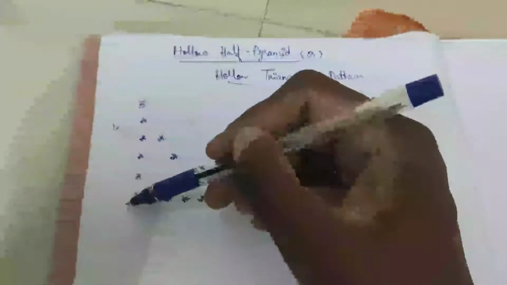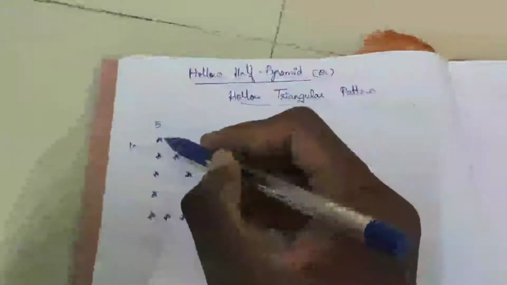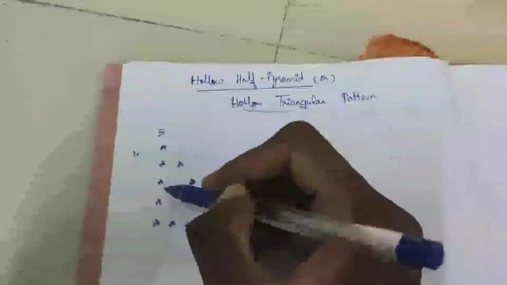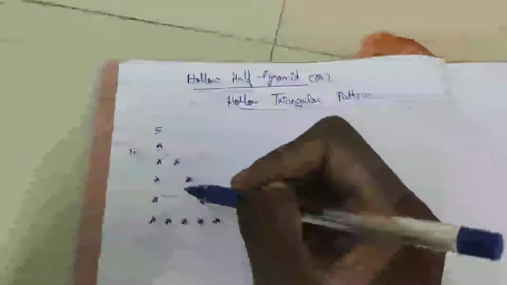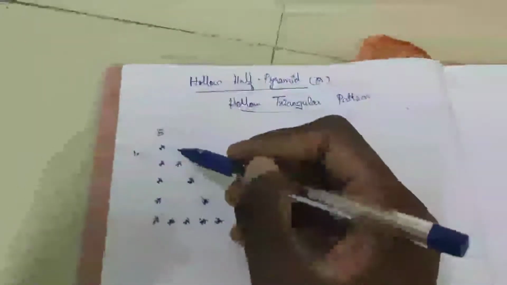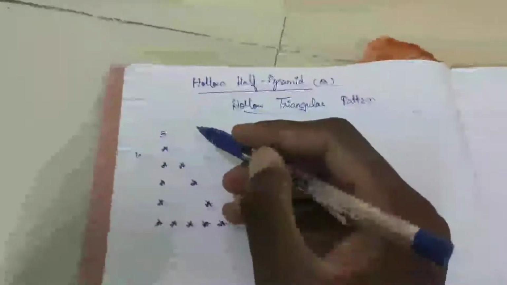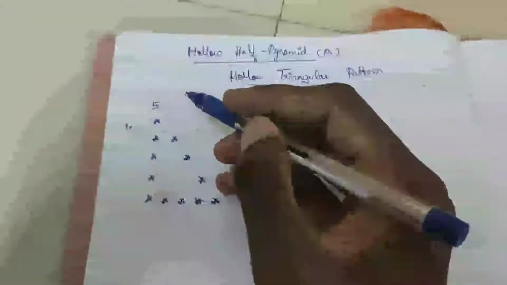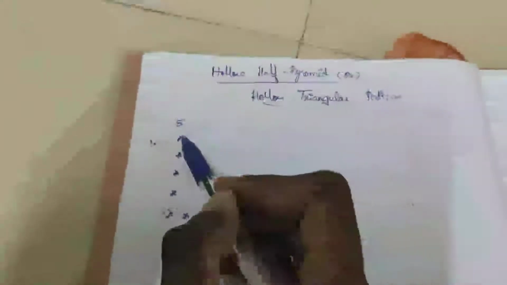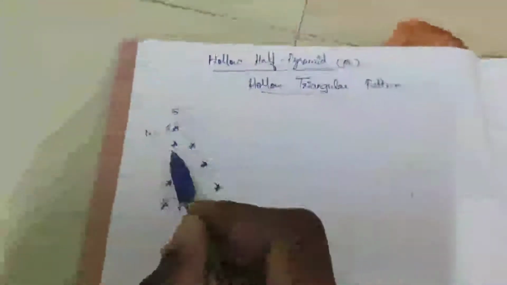When I initialize the row with 1, the star is present in the 1st part, and when the row is equal to the 5th, the stars are completely present. See here completely present, here completely present, but in the middle it is partially present.